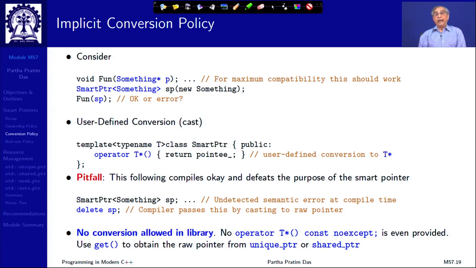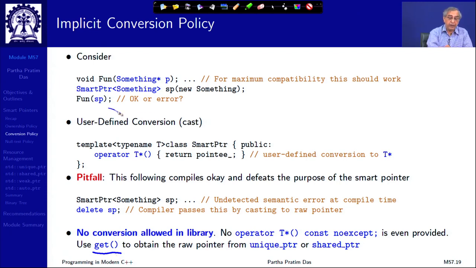Now, the language committee, while discussing, deliberated over that and said that if this has to be done, then it is better that the user says that I am doing it. So, it does not provide any conversion operator. Smart pointers in the standard library do not have a conversion operator, rather they give you a member function get, by which you can get this raw pointer, simple.